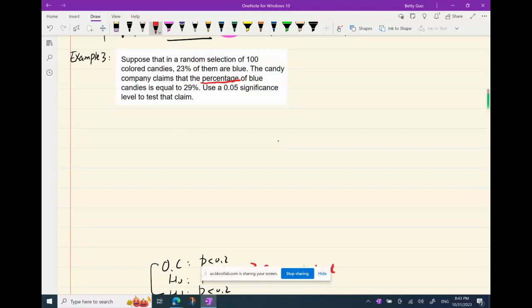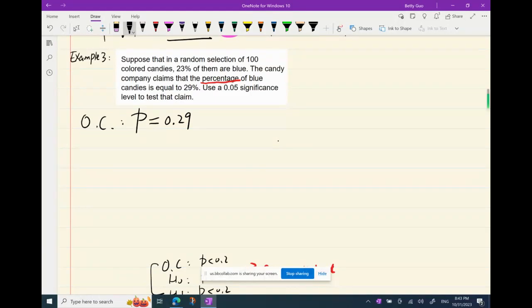The original claim is that the population proportion of blue candies is equal to 29%. We always use decimals.